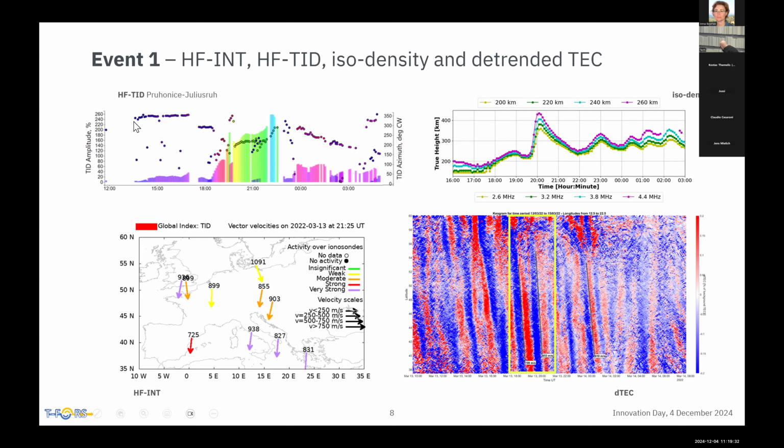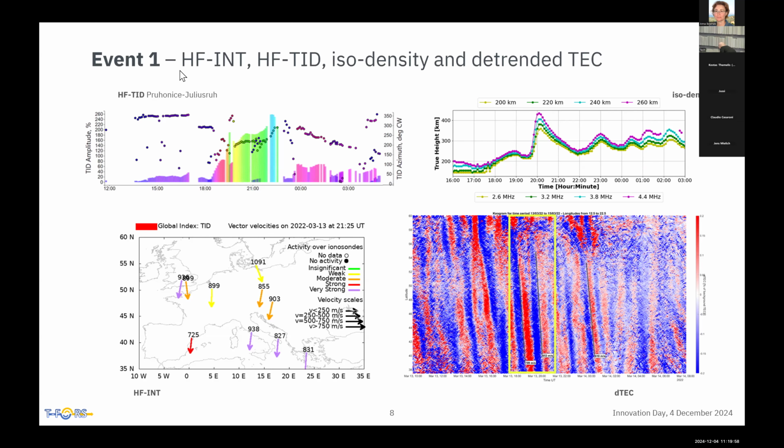So here, basically, the dots are representing the azimuth of the TID. You can see here in the right y-axis, and the bar represent the amplitude of the TID, with the color representing the period of the TID. So here, green is representing a longer period, while purple is the shorter period.